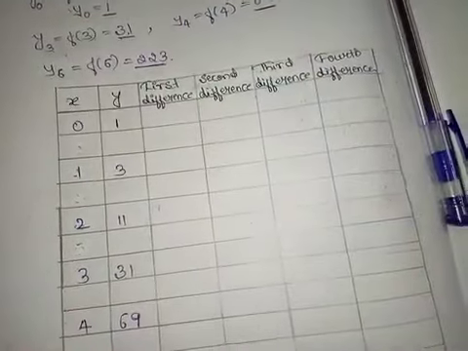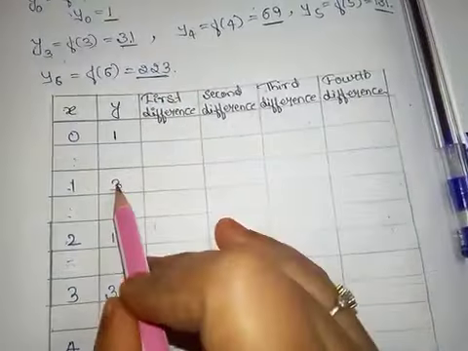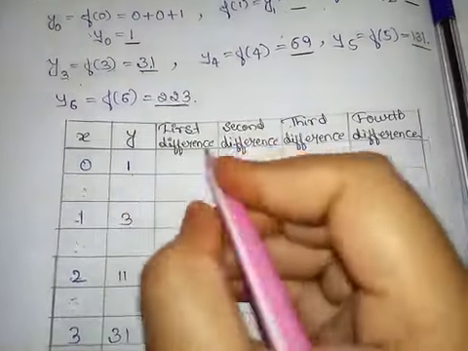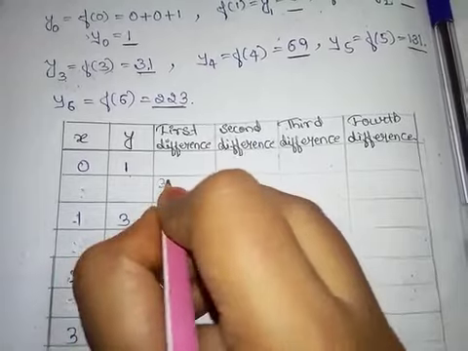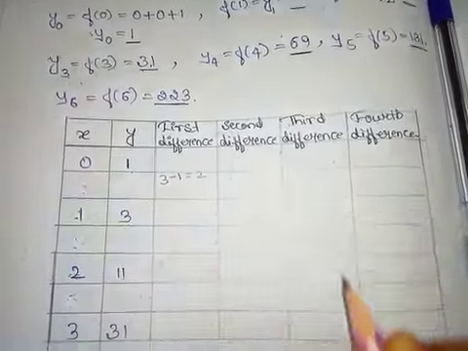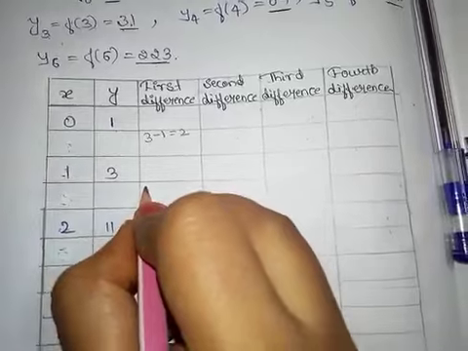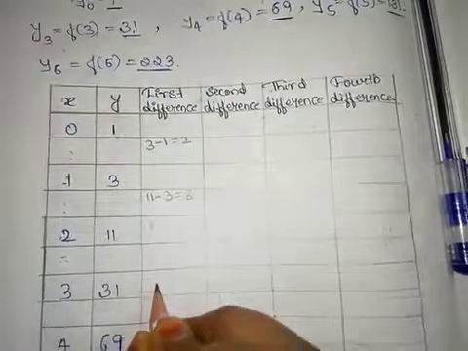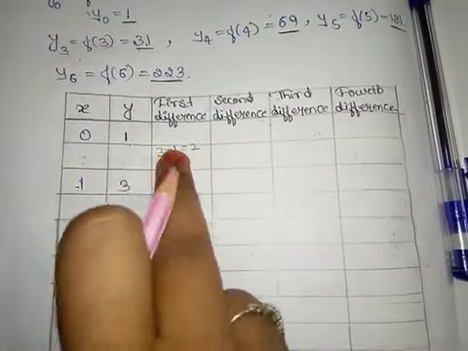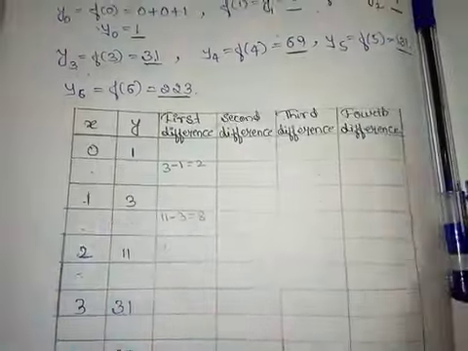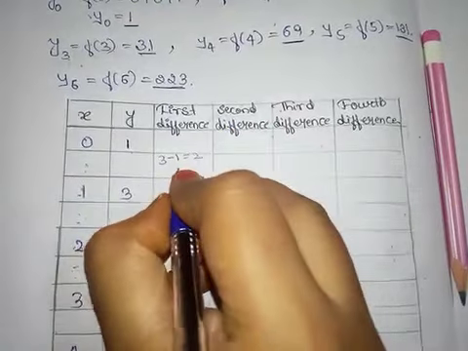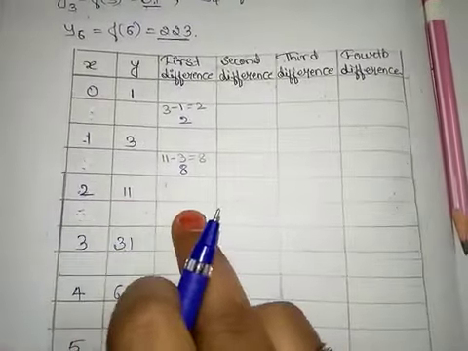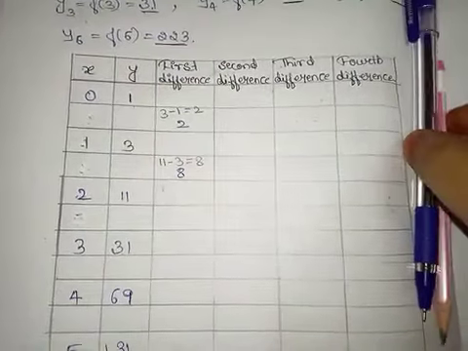We know that we have to take the difference of succeeding number minus preceding number. Succeeding minus preceding number means what? 3 minus 1 is equal to 2, and here 11 minus 3 is equal to 8, and we have to write these values in between these two values. Means it will be written here, and here it will be 8, and we have to write this value in between 31 and 11.